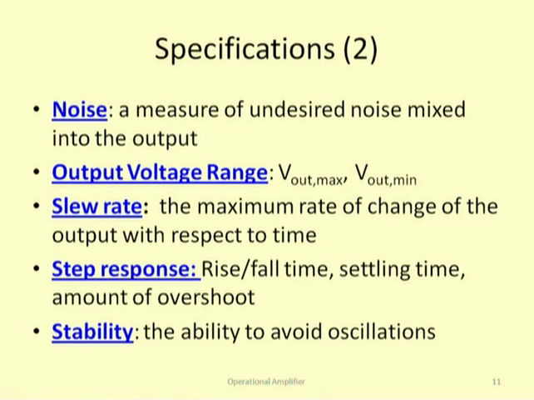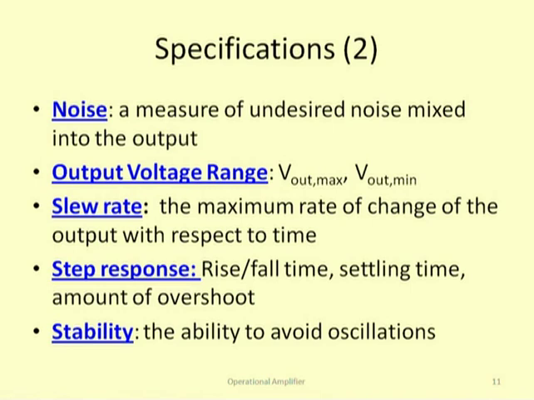Now the sixth parameter is the output voltage range. Let us take an example of a real life object, say a vehicle. If you look at the speedometer of the vehicle, there will be a maximum speed which the vehicle can provide.